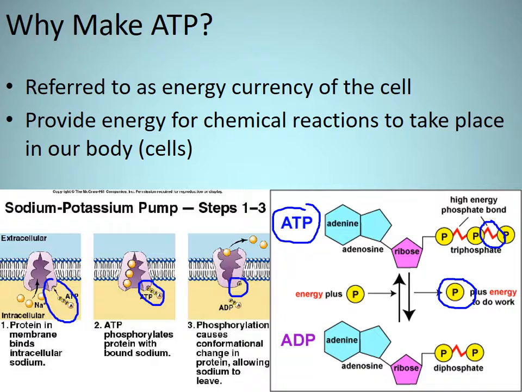Now the pump's able to perform its specific chemical reaction, and that is to transfer sodium ions across the gradient, against the gradient, from an area of low concentration to an area of high concentration. That requires energy. And this is just one example of all of the chemical reactions that take place in our cells that require ATP.